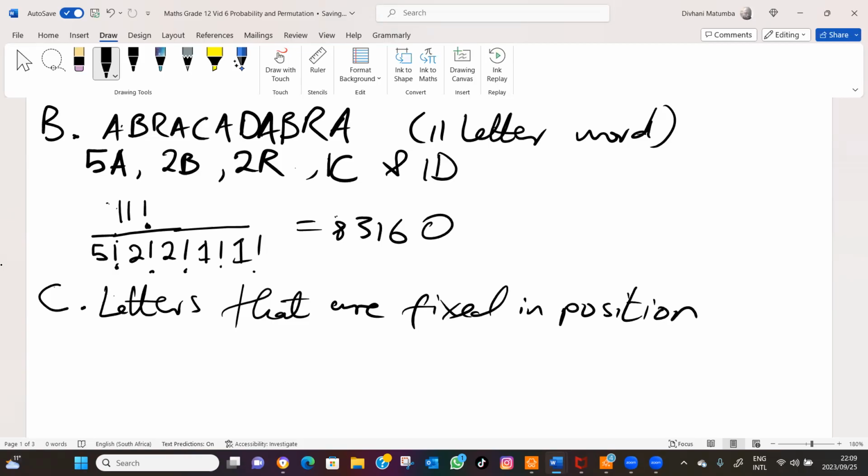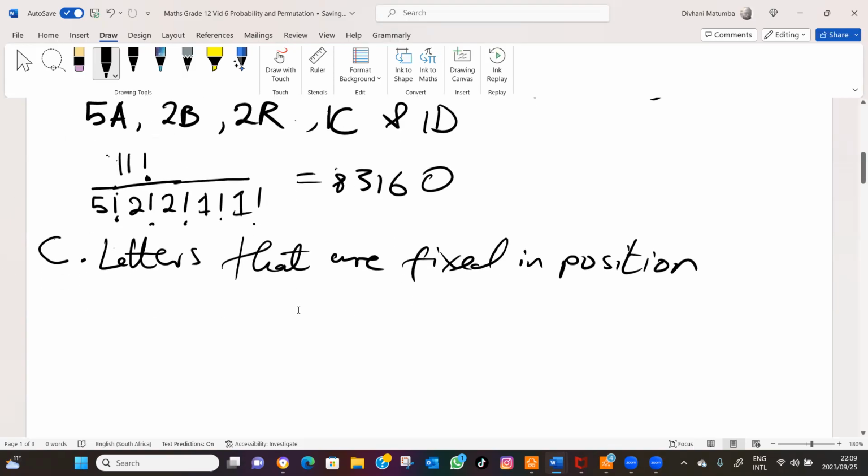Whenever any letter is fixed to a certain position, its factorial should be omitted.